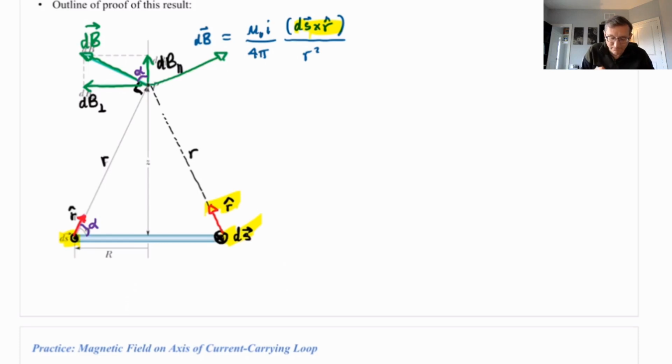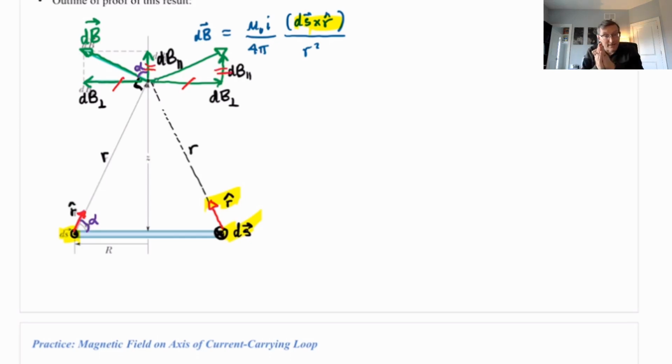And that ends up being just like that. I hope it's clear that there will be its perpendicular component, dB perpendicular, and there will be its parallel component, dB parallel. And these two perpendicular components of those two opposing elements cancel. But the parallel components add.